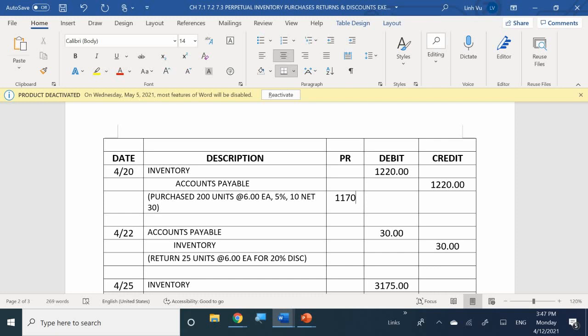We returned 30. So how much did we actually purchase? 1170. So in this case, I can only discount what I actually purchased. So what's my 5% discount now? 58.50. Minus 58.50? Yeah.